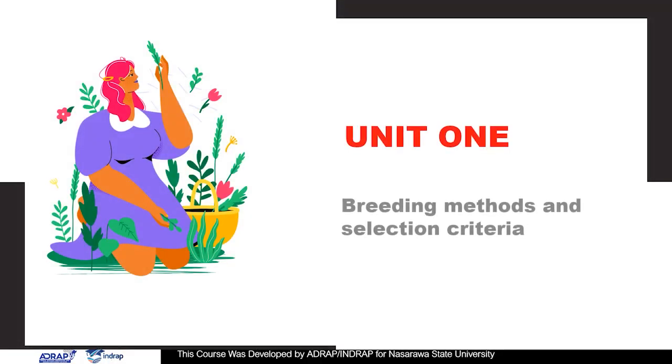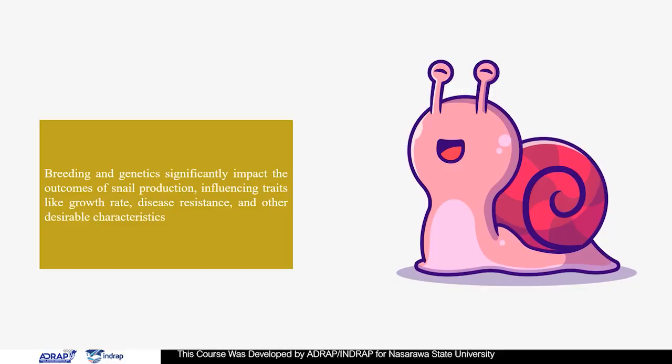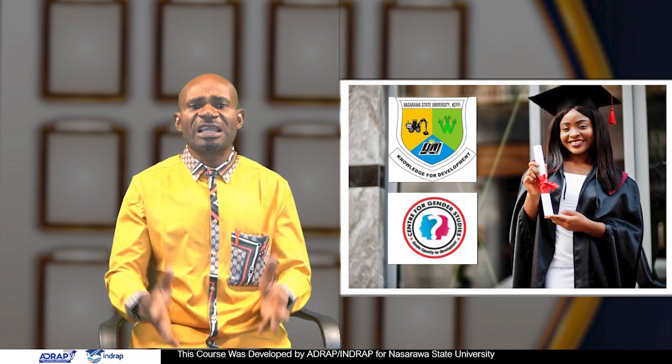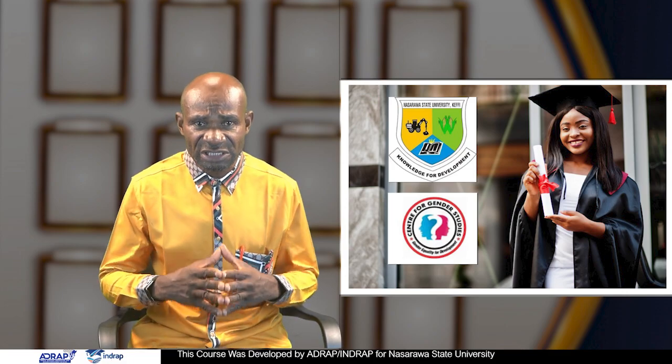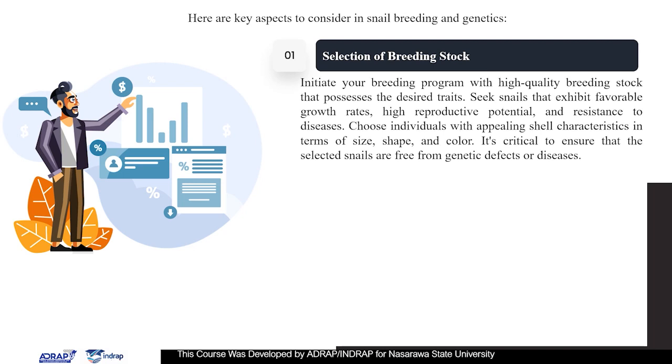Now, Unit 1, breeding methods and selection criteria. Breeding and genetics significantly impact the outcome of snail production, influencing traits like growth rate, disease resistance, and other desirable characteristics. Here are key aspects to consider in snail breeding and genetics: selection of breeding stock. Initiate your breeding program with high quality breeding stock that possesses the desired trait.